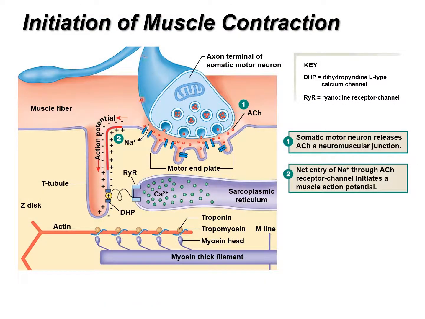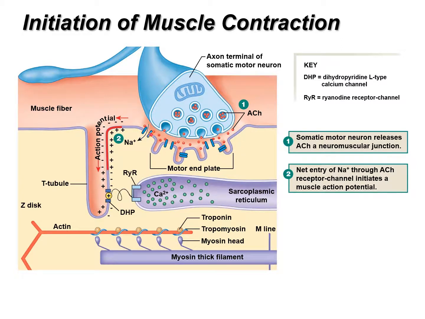We have a motor neuron here that is synapsing with our muscle fiber. That motor neuron has an action potential. It comes down. You get those voltage-gated calcium channels that cause release of acetylcholine. So we have exocytosis of acetylcholine into the synapse. We have nicotinic cholinergic receptors.